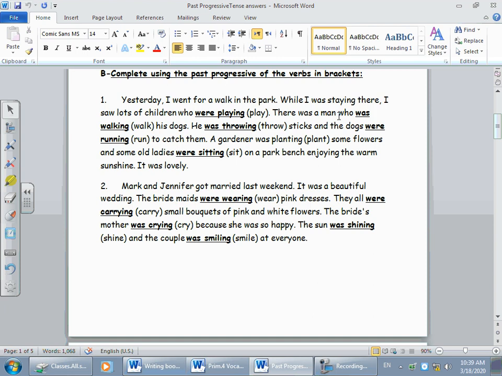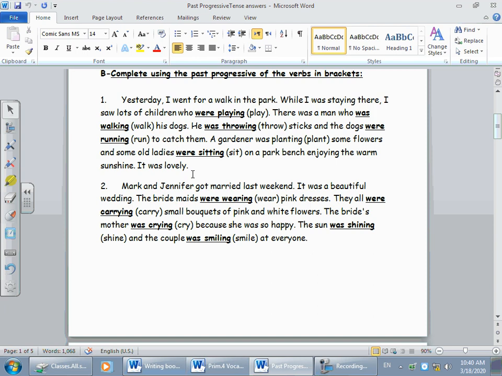There was a man who was walking his dogs. He was throwing sticks and the dogs were running to catch them. A gardener was planting some flowers and some old ladies were sitting on a park bench enjoying the warm sunshine.